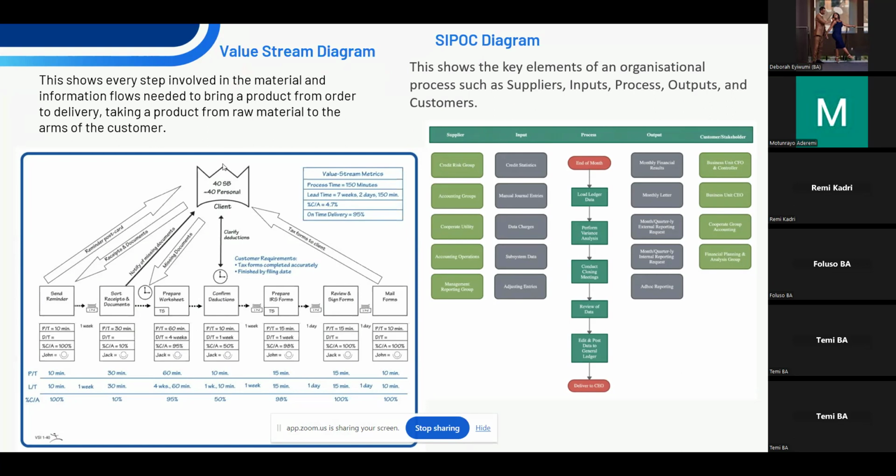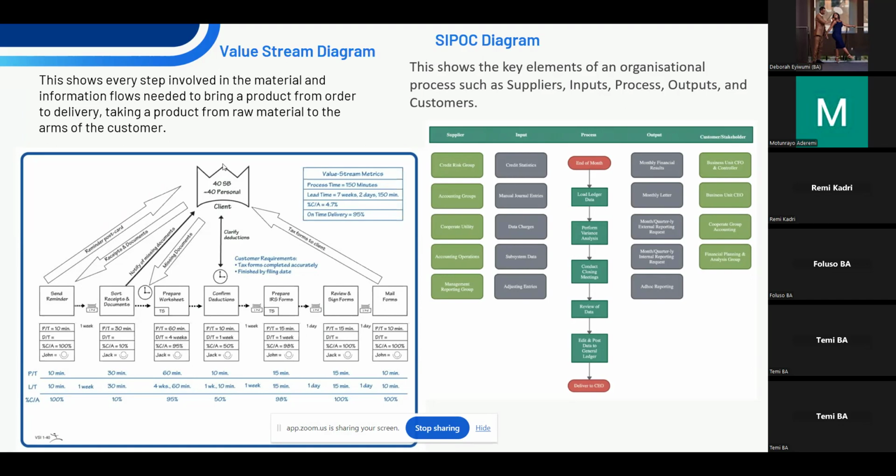With a lot of these organizations, there are loads of different steps, and loads of different things involved. There's material, there's people, there are loads and loads of different things. So a value stream diagram is quite detailed and is used by specific organizations just to try and understand what the value stream is. Remember, value is the kind of value you give people.